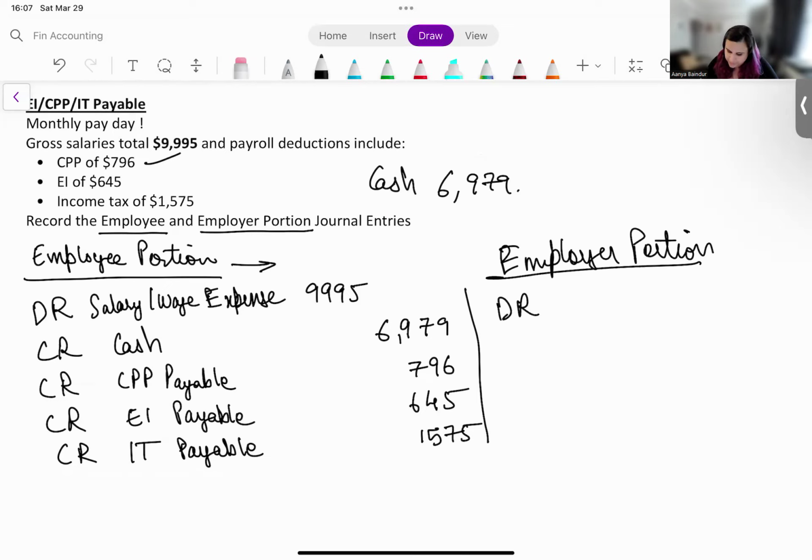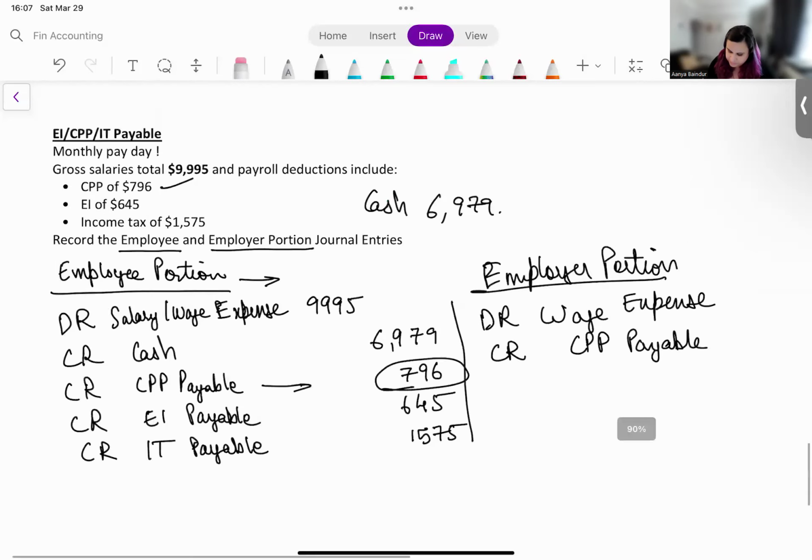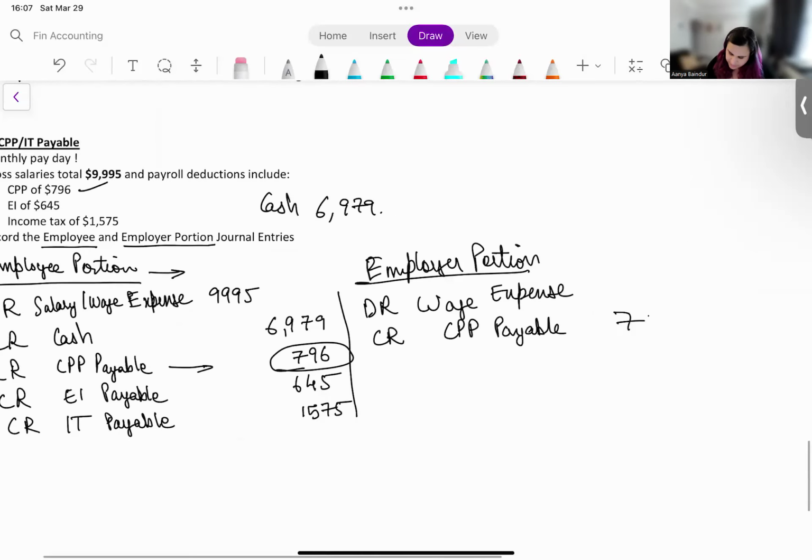So we'll obviously have a debit again to wage expense. And our first credit is to CPP. So when it comes to the employer's contribution, we match how much ever CPP the employees put in. So CPP payable, 796. We are matching this amount. Then we have to match EI payable.